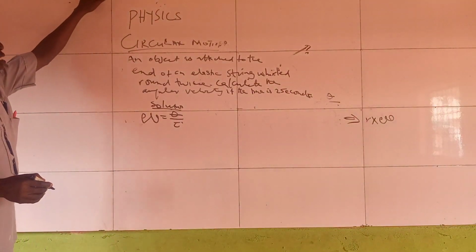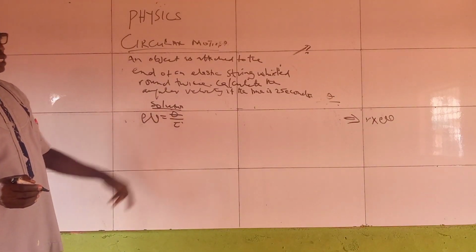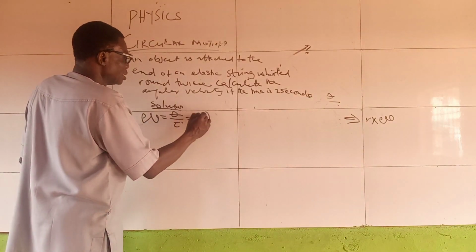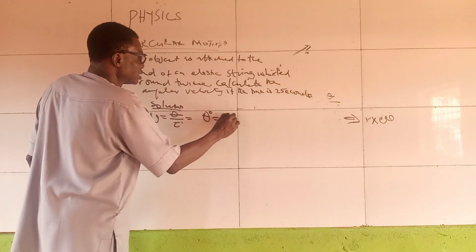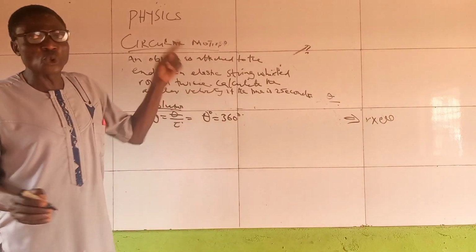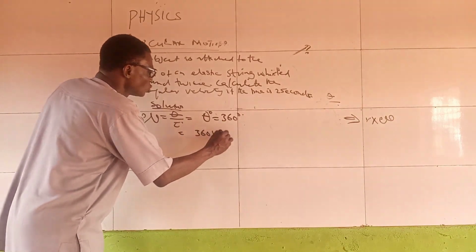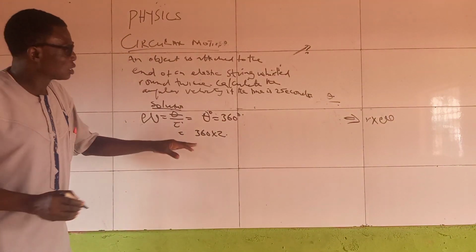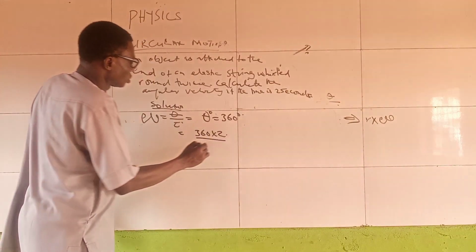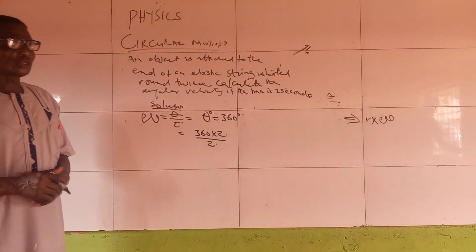Theta is 360 degrees, but the question says it is whirled round twice, so we will have 360 times 2 all over t, where t is 2 seconds.